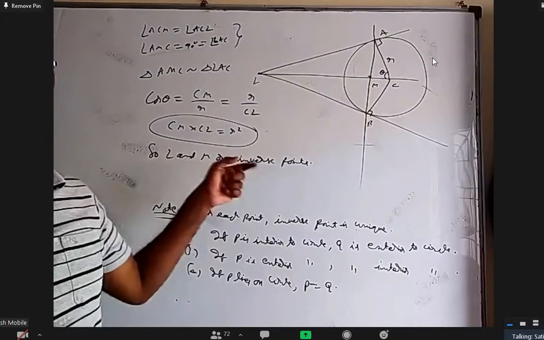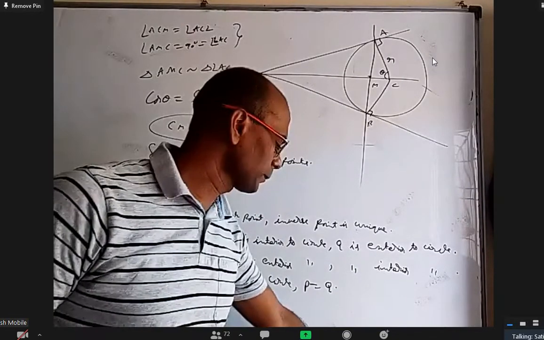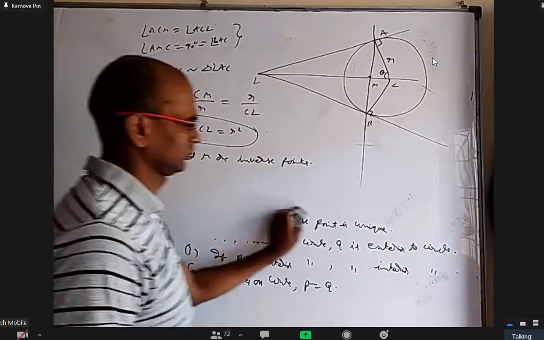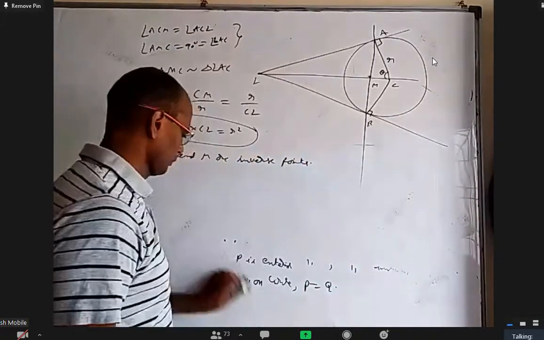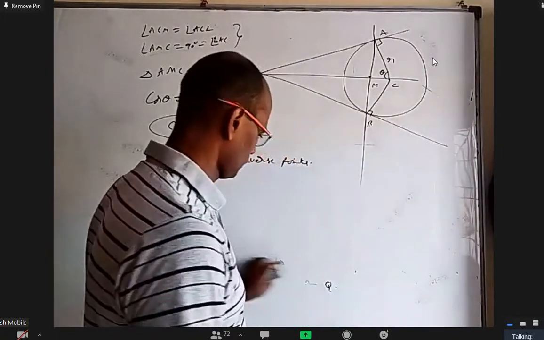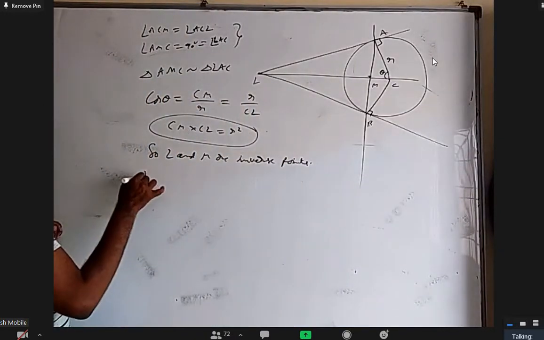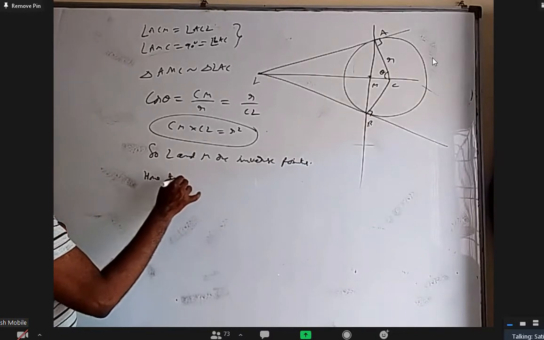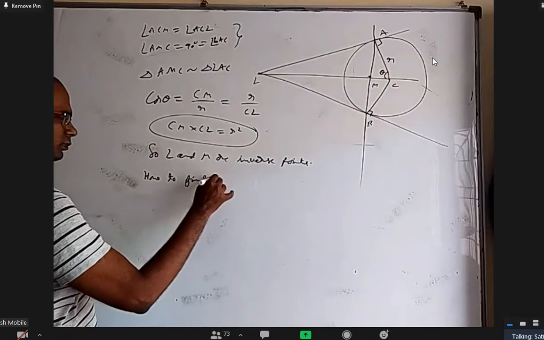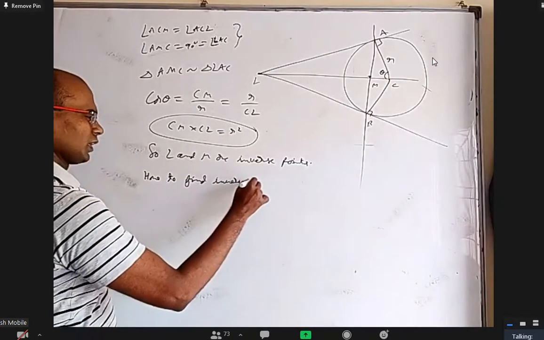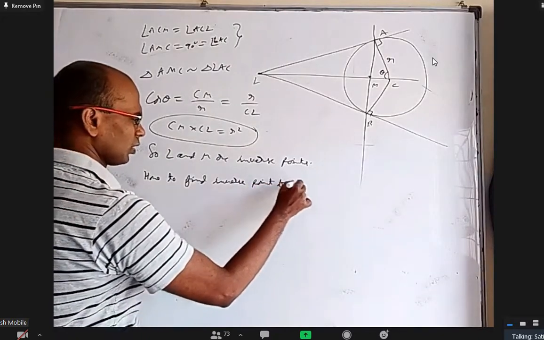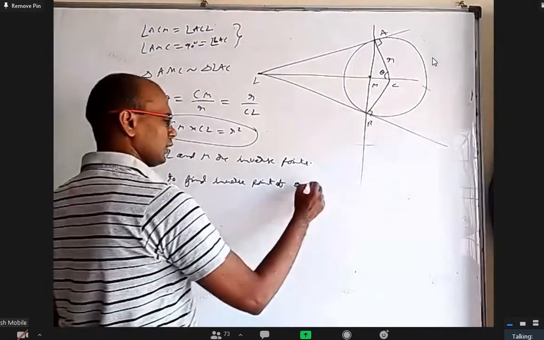Okay, so we are going to use this to find inverse point. So how to find inverse point of a given point P?